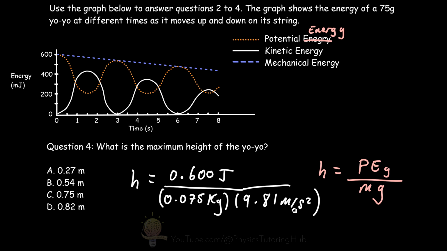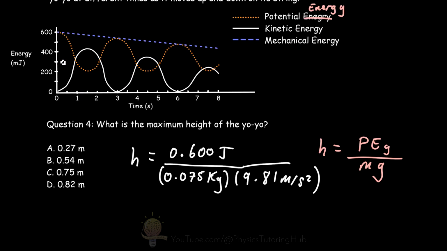So summing this up together, we should get the maximum height of the yo-yo here. And what value do we get? We get a height of 0.815 meters. And the closest value here is D, 0.82 meters. So that's our correct answer.